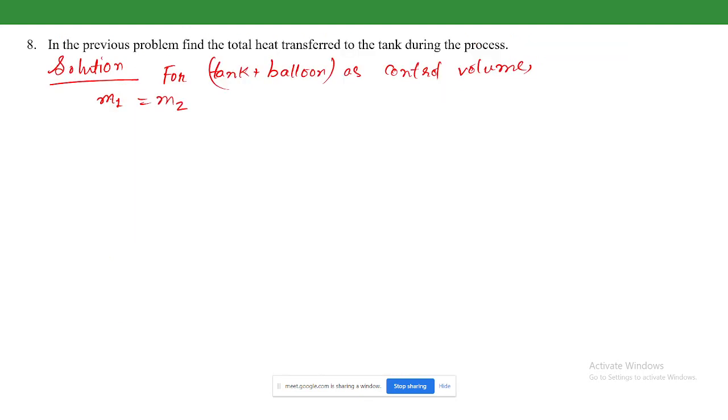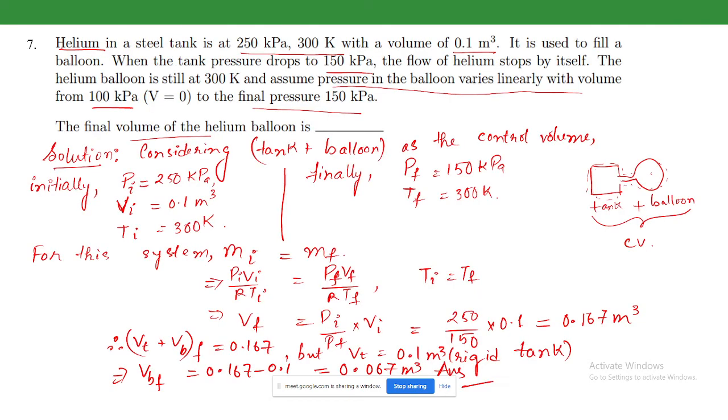So m1 is equal to m2, that is, the initial mass and the final mass are the same, and we are calling it m. And for this system, nothing is entering the system and nothing is leaving the system. If we had considered the balloon alone as the system, then there would be an inlet mass mi, but since we are considering both the tank and the balloon as the system, there is nothing entering and nothing leaving the system.